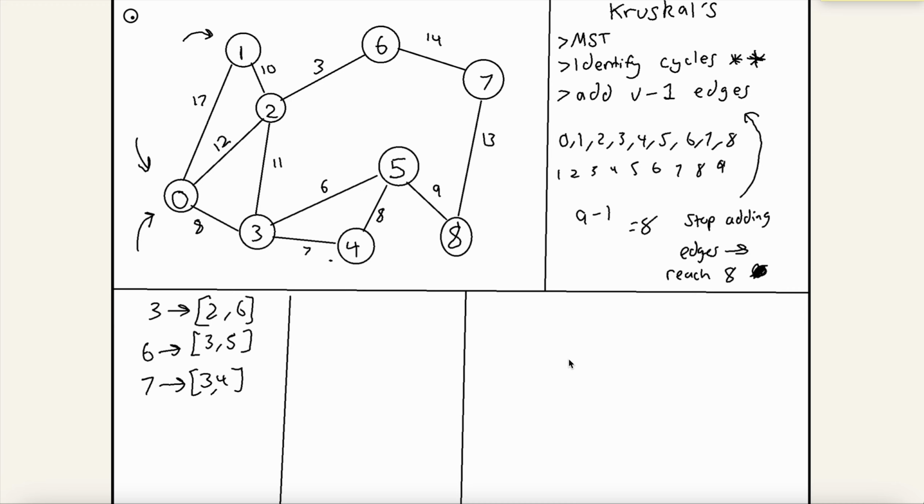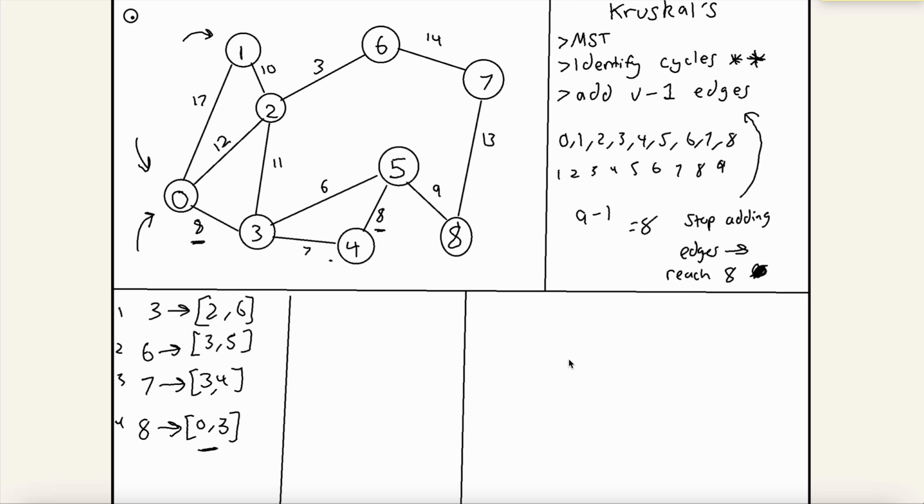Okay, so the next smallest value aside from this one is this 8 over here. So 8, which is formed from vertices 0 and 3. And this is an undirected graph, so it doesn't really matter what order you put these numbers in. So if you can see, we've got 1, 2, 3, 4 sections here.